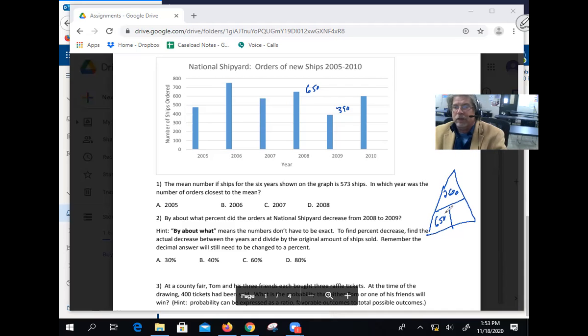And on my calculator, I'm getting about 0.4. Remember, I still have to change that to a percent by moving the decimal 2 places to the right. So if I move the decimal 2 places to the right, that gives me 40% as the answer. So that's how that one would work out on that page.